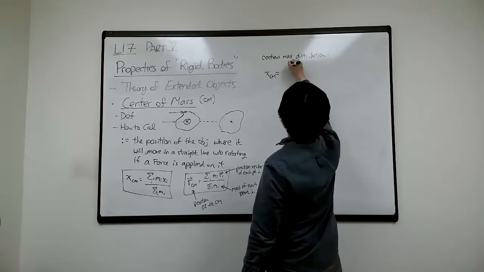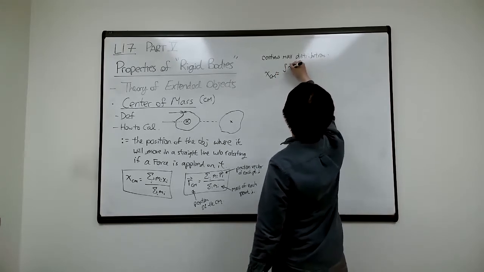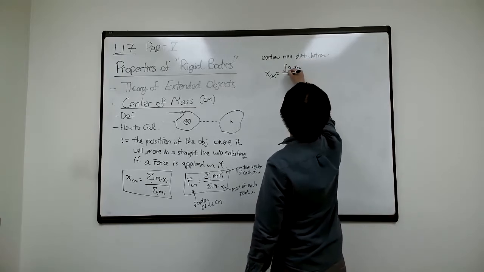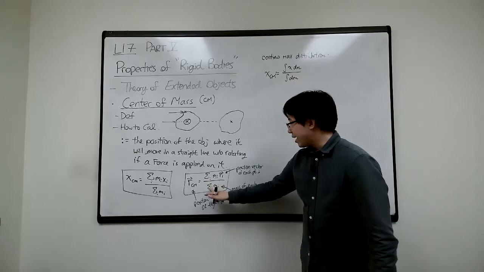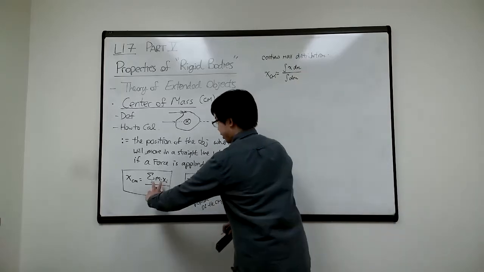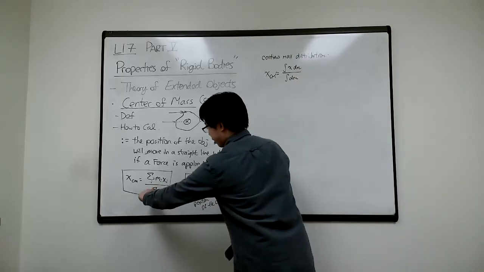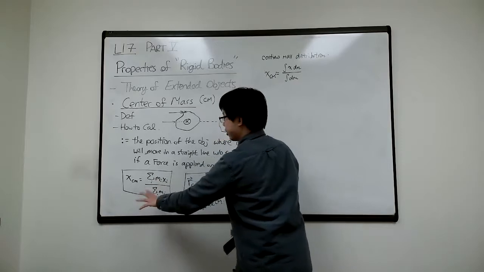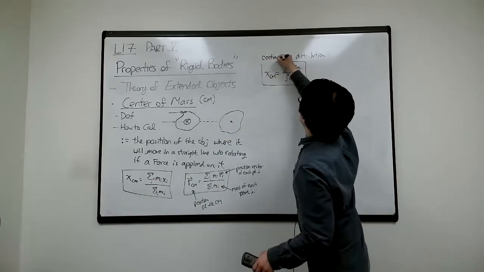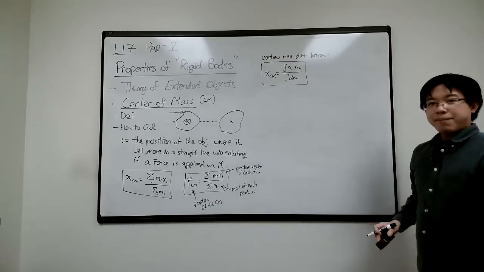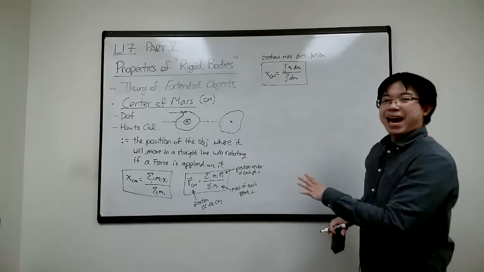It's defined as the integral of x dm over the integral of dm, like that. So you change the discrete summation into an integral, like this. Okay, yeah. So lots to unpack, right?